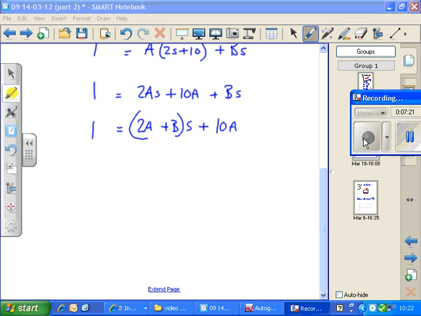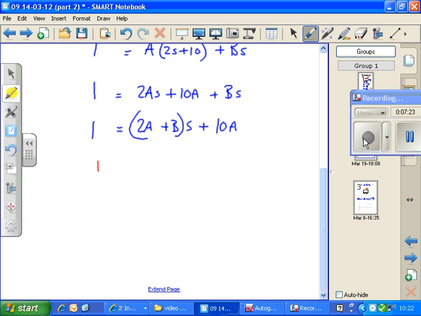So we have that the constant on the right-hand side, 10a, must equal 1, which is the constant on the left-hand side. And we also get that the coefficient of s, which is 2a plus b, on the left-hand side, must equal the coefficient of s on the right-hand side, which is 0.